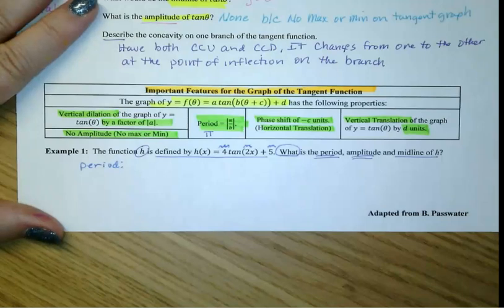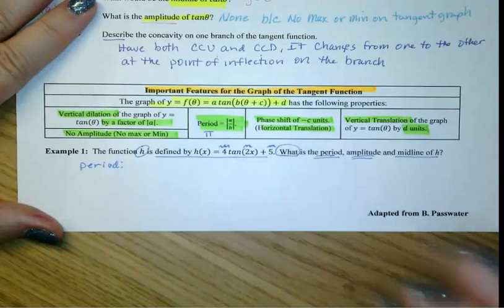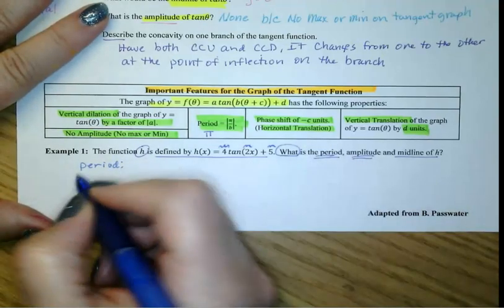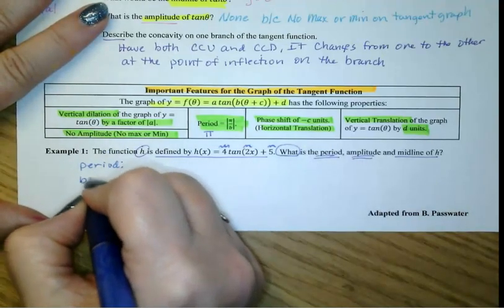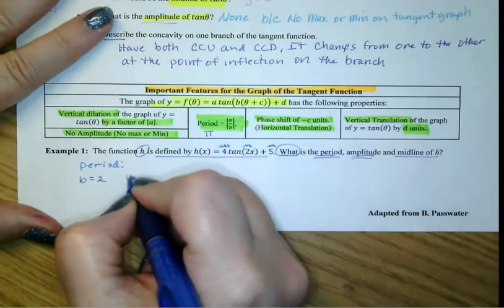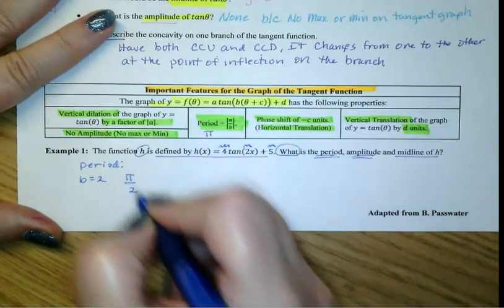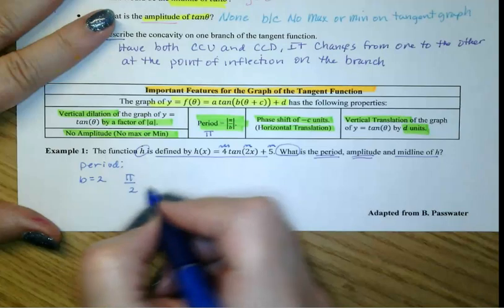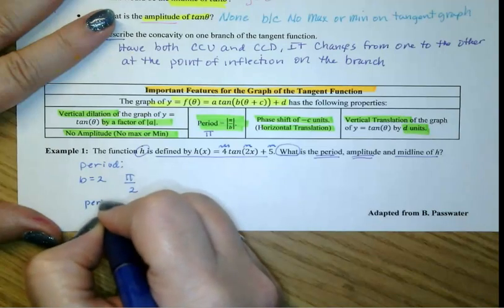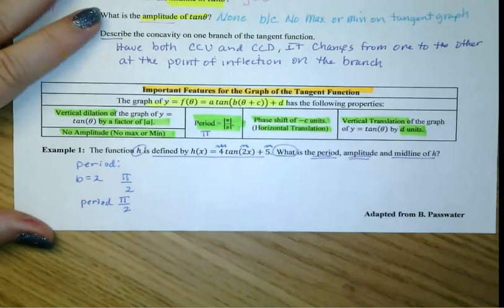All right, so the period for this graph is normally pi, and it tells me that I've been horizontally dilated, so pulling from my equation, my b value is 2. So then I'm going to say pi divided by 2, which gives me my period of... I'm sorry, not 2 pi, pi over 2, excuse me.